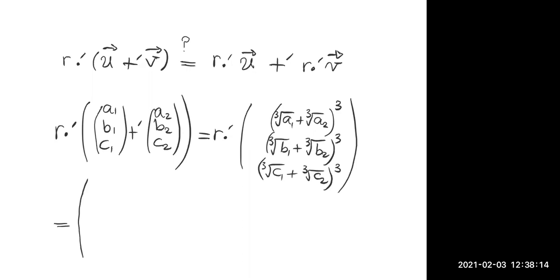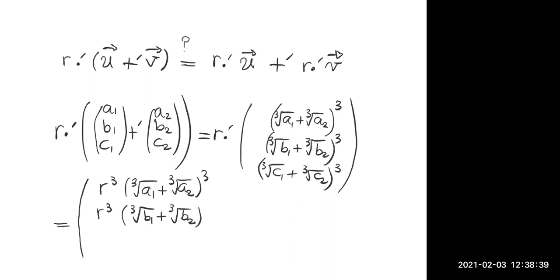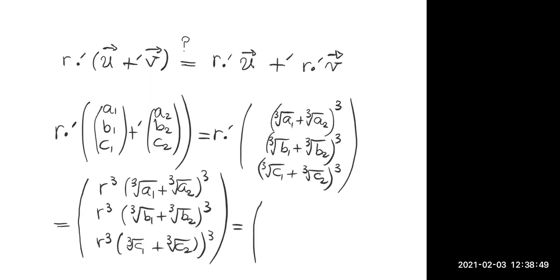Now I should multiply that by r, but remember the kind of multiplication we defined was this. It's equal to r cubed times the first components. So I should multiply each component by r cubed. Now look at the first component.